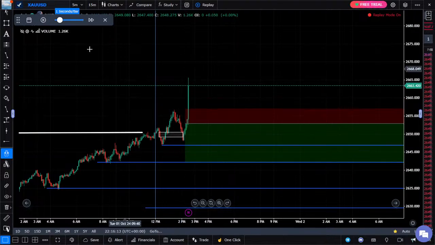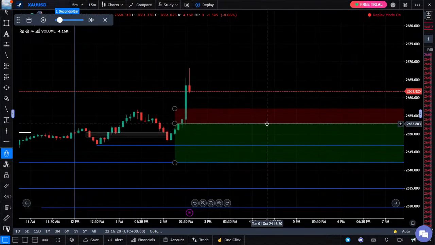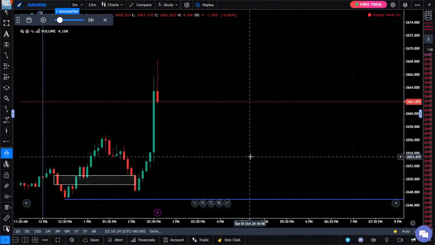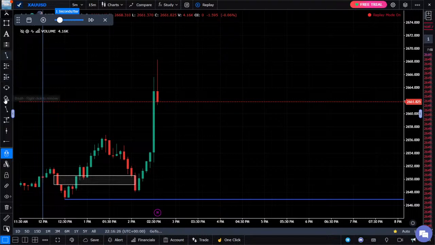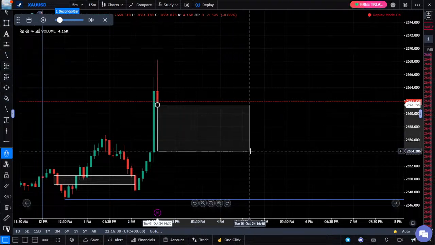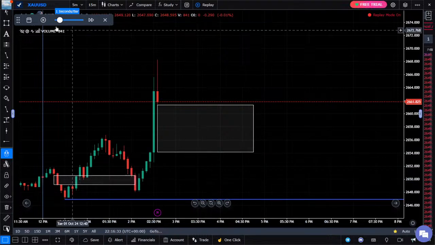Sorry. There we go. All right, so this trade has been eliminated. We lost that. Here's a fair value gap. This might be a fair value gap we needed.